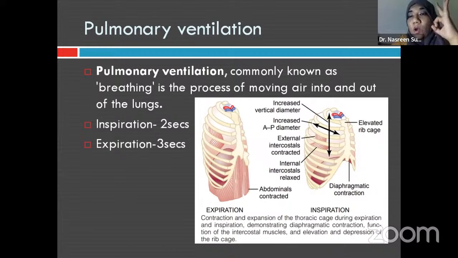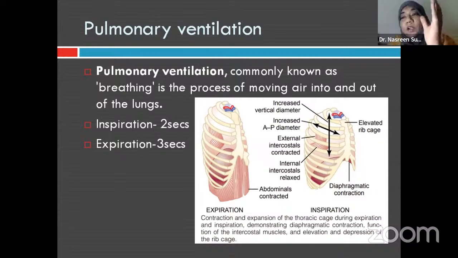In this, you have to explain what inspiration is and what expiration is. Breathing has two steps, right? Inspiration and expiration. Inspiration lasts for 2 seconds and expiration lasts for 3 seconds. Then it is followed by a pause, and then the next cycle of breathing begins, with inspiration again.